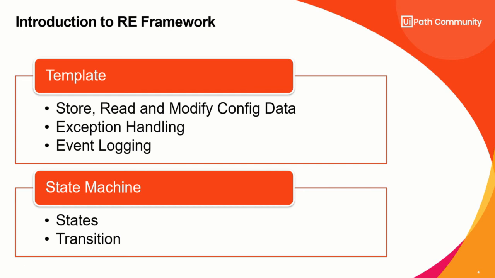Also, it helps to build, test, and run unattended and attended business processes, for various types of business processes, in a structured, efficient, and consistent manner. The main underlying concept is the state machine, which is the engine, and it has different states and transitions.